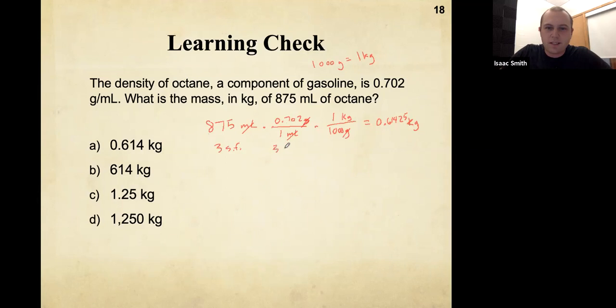So that also contains 3 significant figures. And then this last conversion is exact because you're converting between 2 metric units, so within the same system. So if we estimate this number to 3 significant figures, we should get 0.614 kilograms, okay? So it looks like your answer would be A.